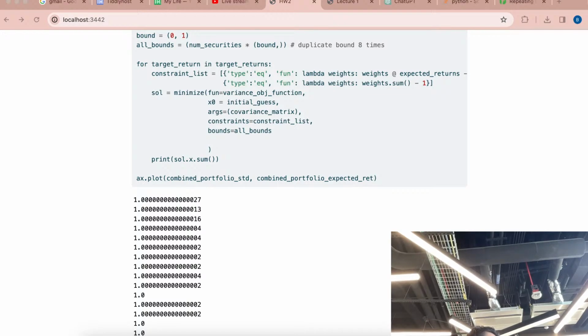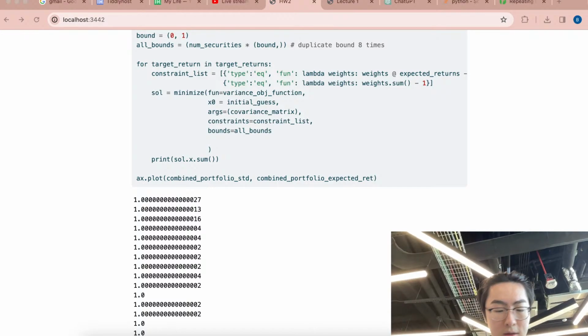So with that, okay, we have our covariance matrix, and we also have the vector of returns. We could just take the dot product.